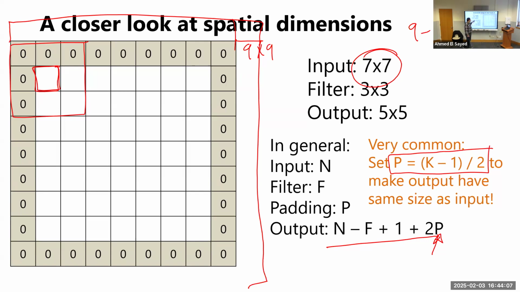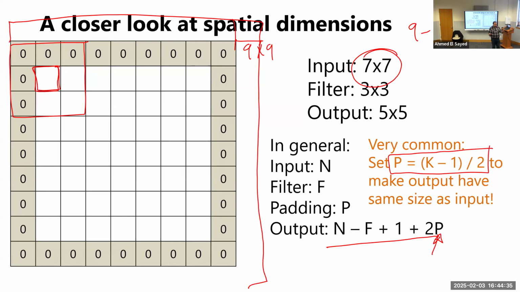As we stated last time in this example, if the input is 7 by 7 and we apply a 3 by 3 filter, the default output will be 5 by 5. So what if I want the output to be also 7 by 7? In this case, I will add 1 extra pixel from each direction. The input size will be 9 by 9. When I apply the 3 by 3, the output will be 7 by 7 rather than 5 by 5.